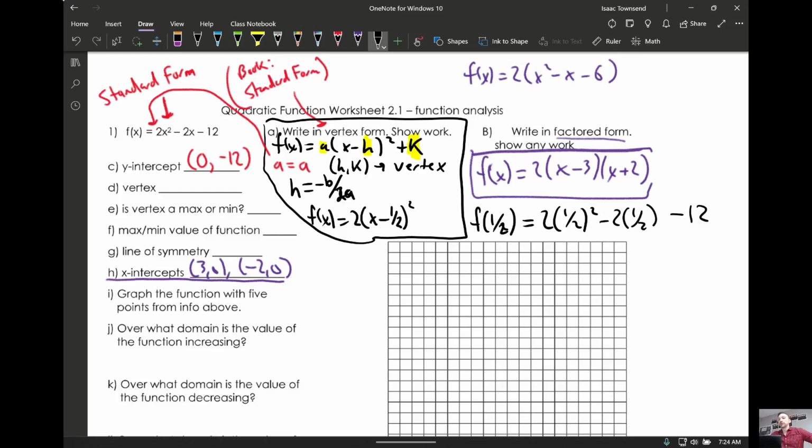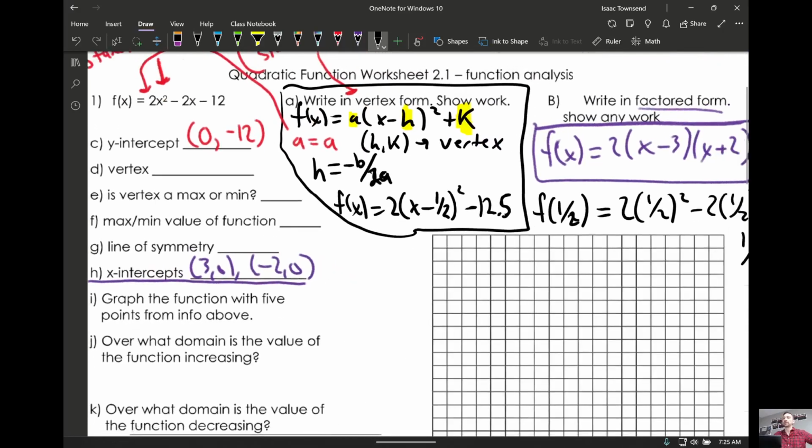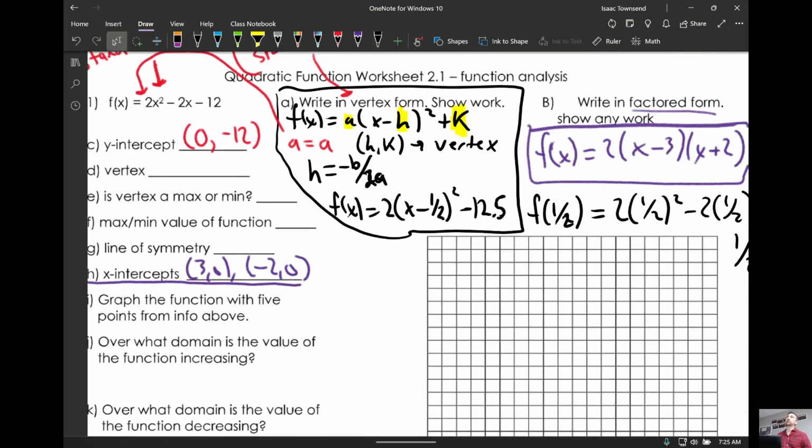So here we would get 2 times a fourth, which should be a half. Here we would get minus 1, and here we'd get minus 12. Negative 13 plus a half would be negative 12 and a half. So you find the y value of the vertex the same way you find any other point. Plug in x and solve for y.